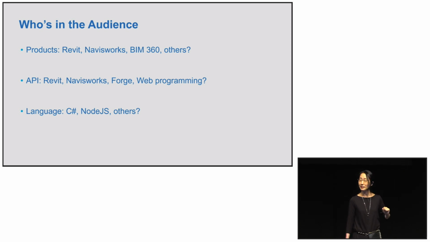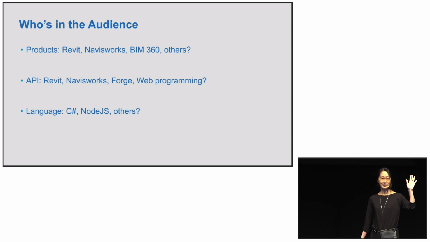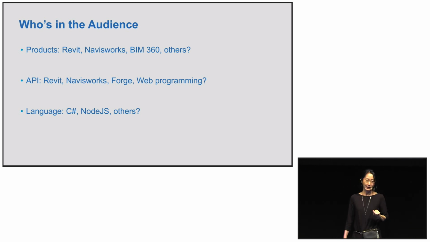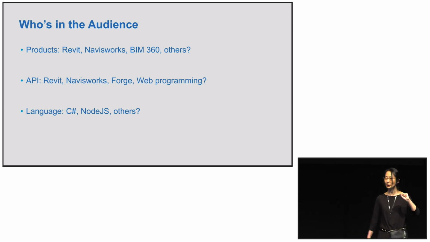Almost everybody. And Navisworks? Maybe a third. And then Forge? Okay, more people in Forge. Great. And how about languages? C# oriented, and Node.js. So half of the people are C#. Great. Thank you very much for sharing.